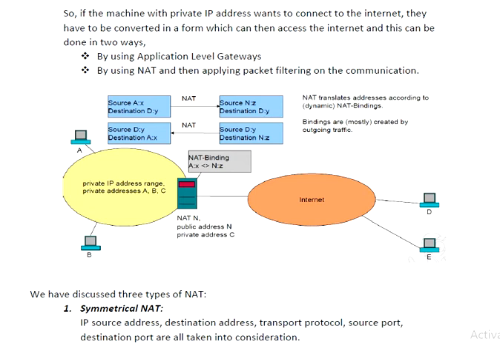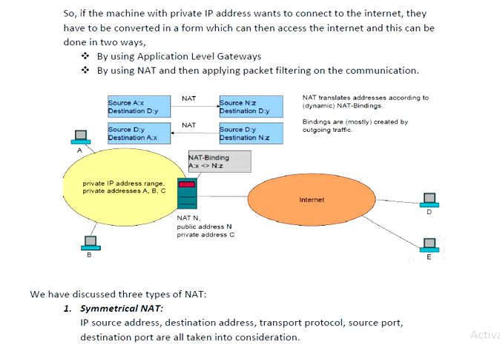And now here I would like to discuss how the whole process of NAT works. If a machine with a private IP address wants to communicate to the internet, it has to convert to a form which can be accessed on the internet, and this can be done in two ways: by using an application level gateway, or by using NAT with packet filtering.